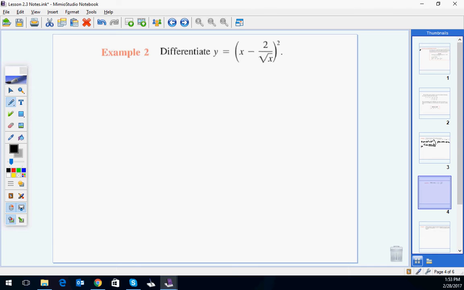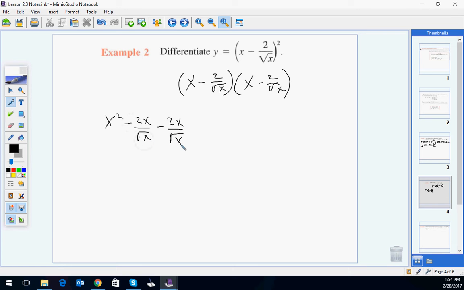So FOIL it out. Like that, and FOIL it out. So it's going to be x squared minus 2x root x minus 2x root x plus 4 over x.